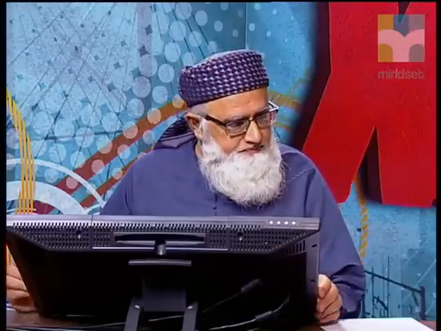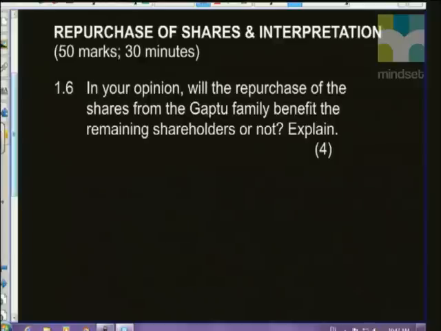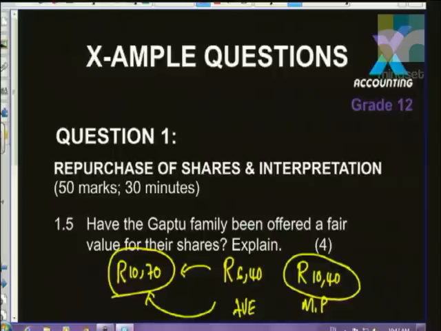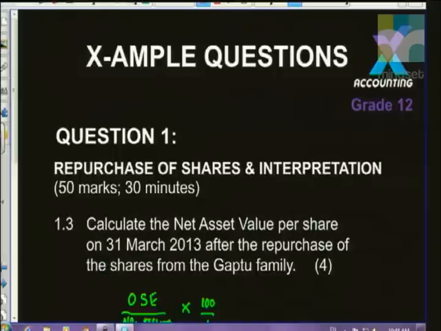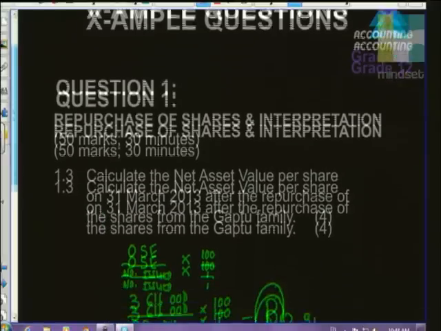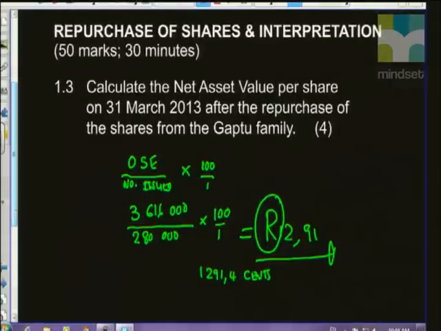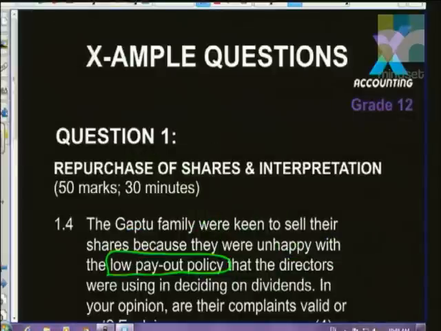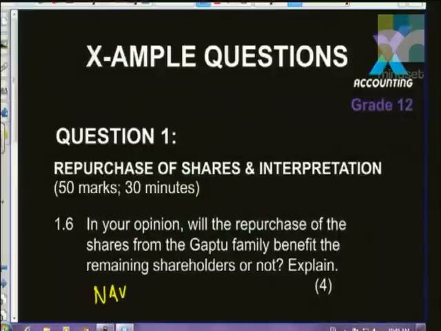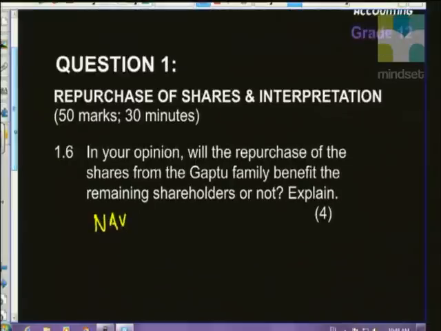Number one, our net asset value per share, which we calculated, if you remember correctly, let's refresh your memories to show you where we calculated our net asset value per share. There it is, was 12 Rand and 91 cents. So the net asset value per share was 12 Rand and 91 cents per share.